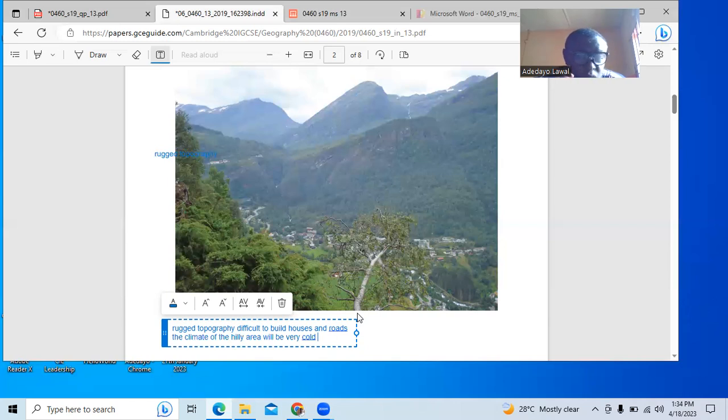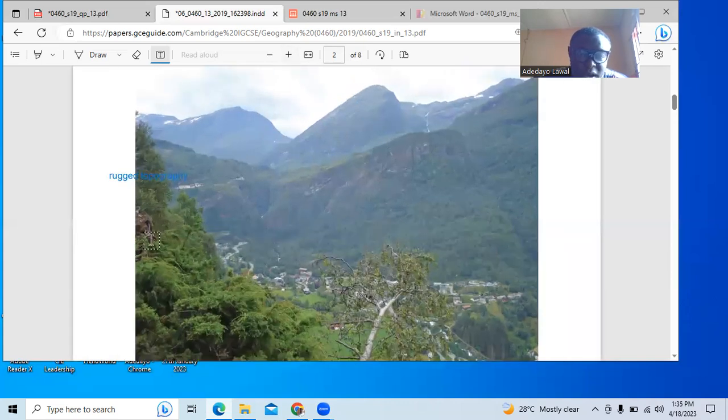So it's going to be very cold. That is another reason. Then what else can we say? As you can see from the picture, most of the houses are on the valley parts, because that is where they can build houses. That's where you have flat lands and all of that.